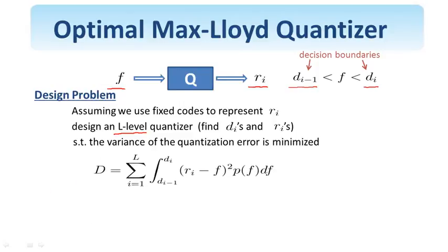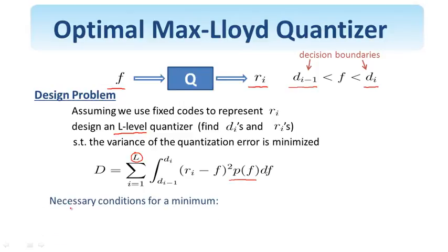Here is the expression of the variance of the quantization error. P of f is the probability density function of the input intensities, and again we have L bins or L levels, and this is an expression we saw earlier. We want to find the minimum of this expression. There's no constraint again now since we use fixed codes to represent the reconstruction levels.